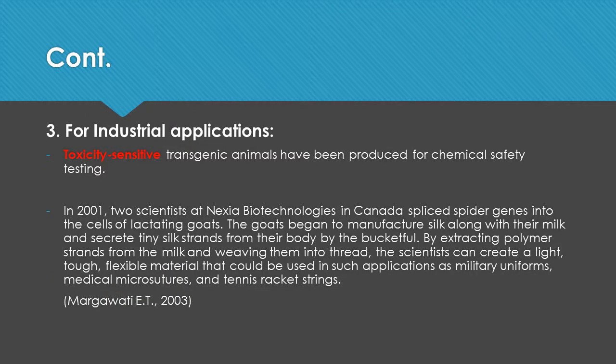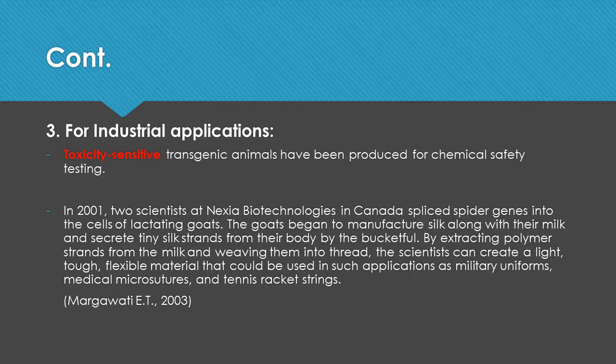And third, for industrial applications, we can produce toxicity-sensitive transgenic animals for chemical safety testing. And there was a study by two scientists from Canada where they combined a gene from a spider into the cells of lactating goats.